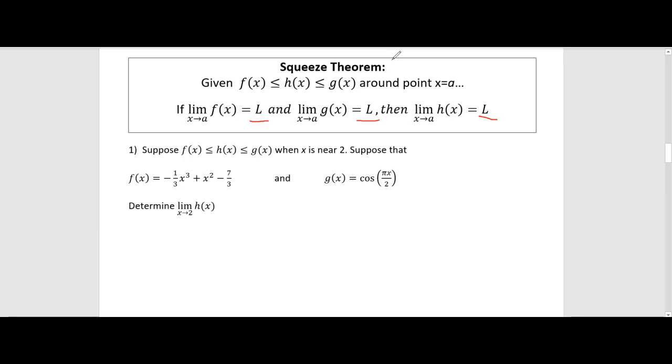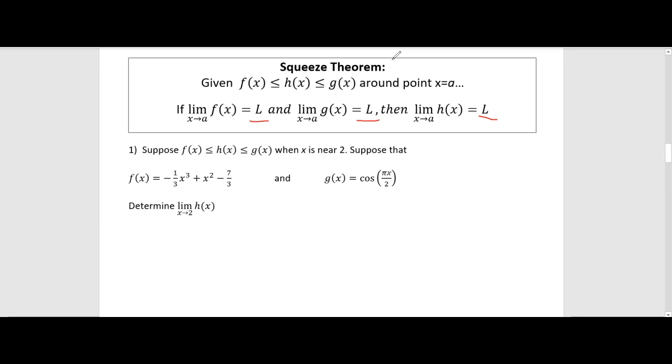But if we can find a function that's always greater than the middle function and a function that's always less than the middle function, and then have them both approach the same number at a certain x value, well, then we know that middle function has to approach the same number for that x value because it has to be squeezed in between them, right? That's why it's called the squeeze theorem.